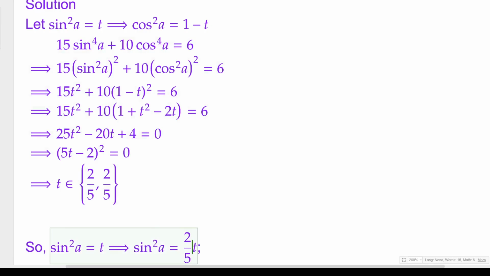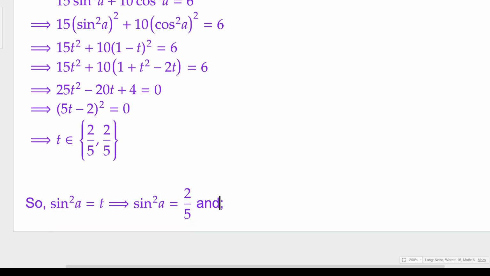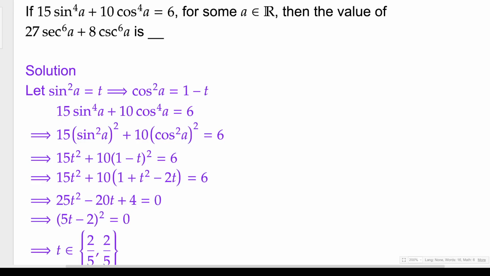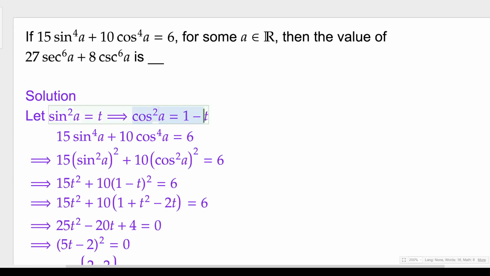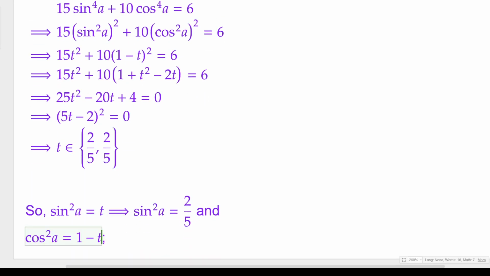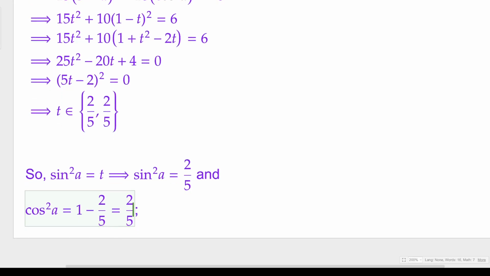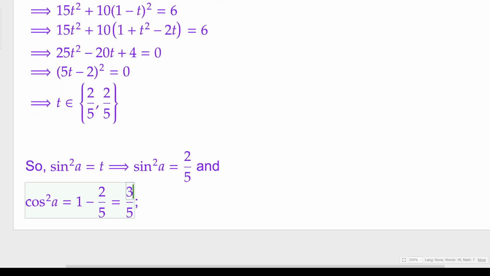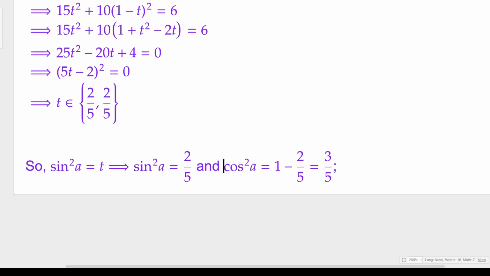And this is also the fact that cos a whole squared is equal to 1 minus t. So instead of t I'll replace it with 2 over 5, and from this I will get 5 minus 2, that is equal to 3 over 5, right. So I got these two values.